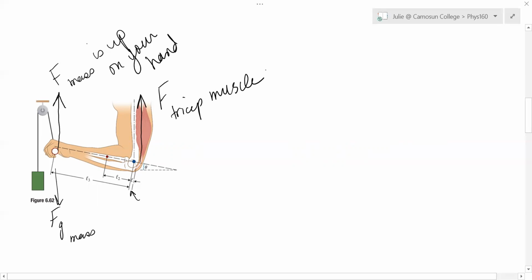And because your forearm is not horizontal, these two things are not equal to the lever arms. These are the distances along your segment.